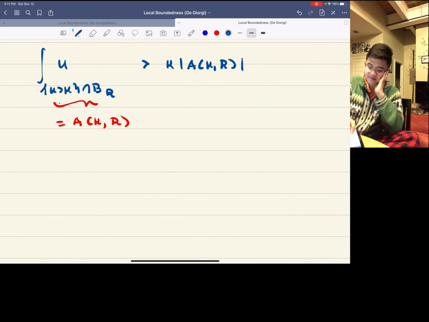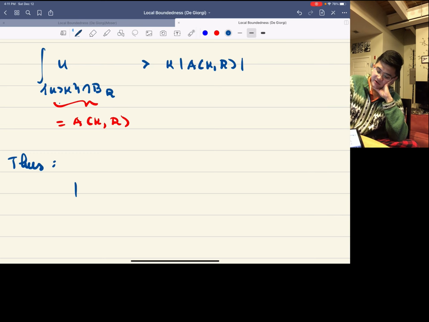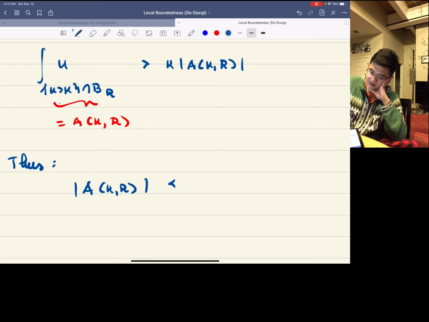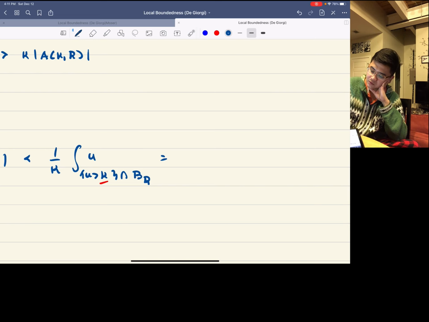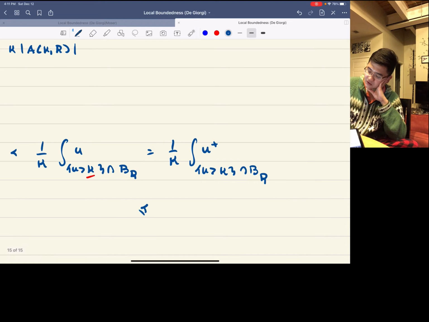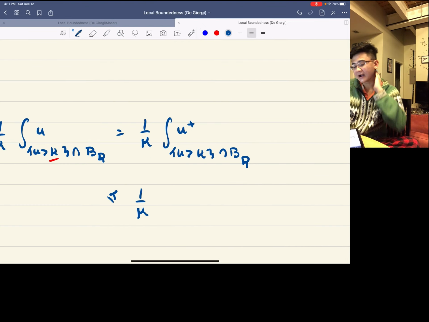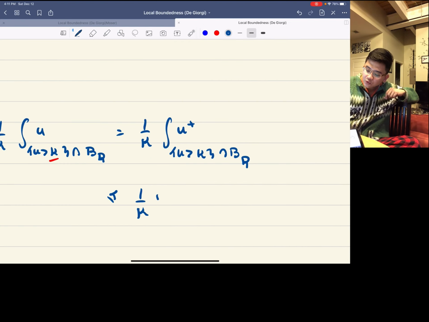Thus, the measure of A(k, R) is now less than 1 over k times this. Note that k is positive, so this is just equal to 1 over k times the integral of u positive part, and this is less than or equal to 1 over k times the L2 norm of u plus.